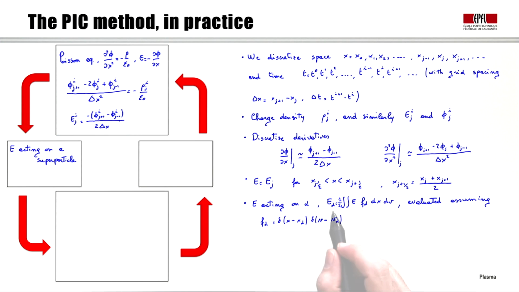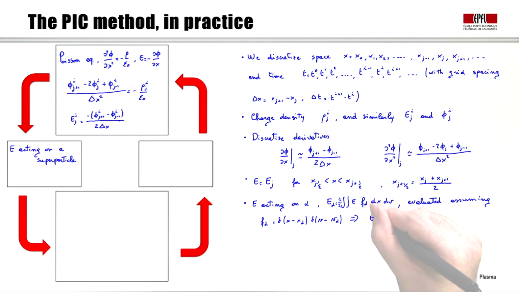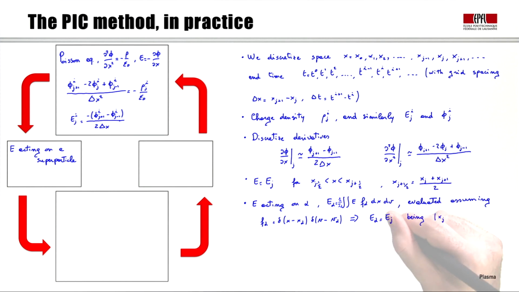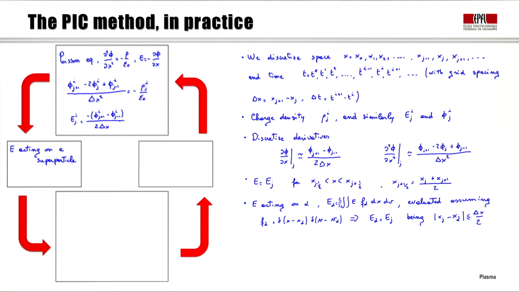Well, with this definition, one obtains that E alpha is equal to Ej, the distance between xj that is considered here and x alpha being less than or equal to delta x over 2.